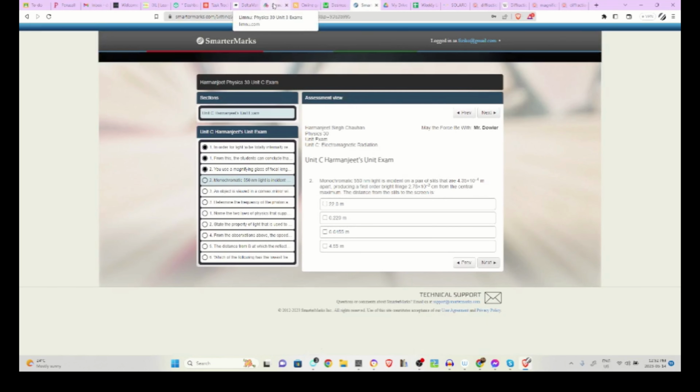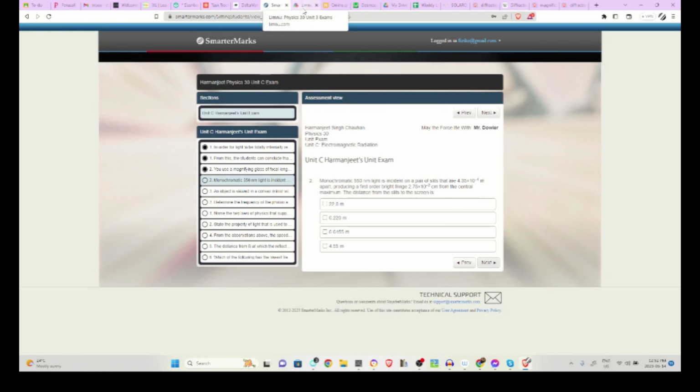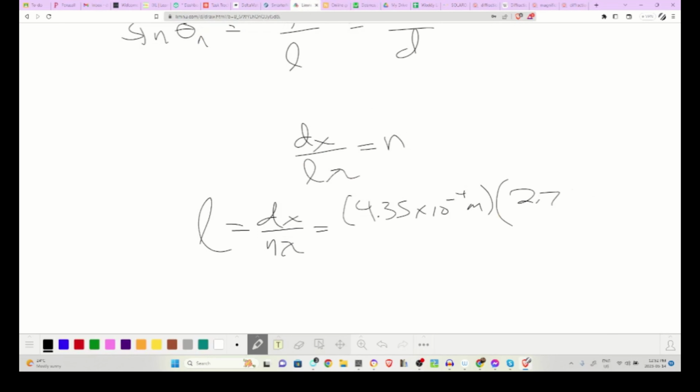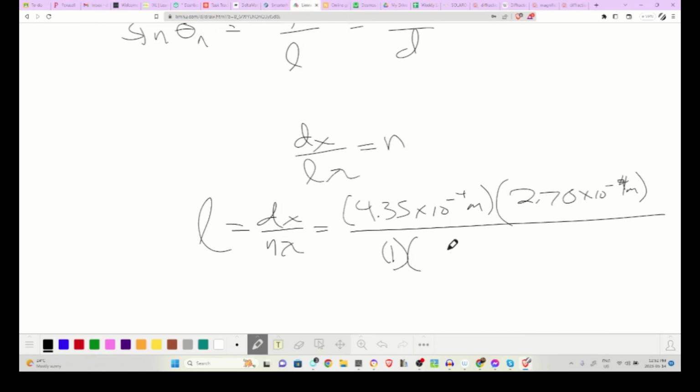d is the distance between the slits, 4.35 times 10 to the negative 4 meters apart. x, how far we are from that central fringe, is 2.78 times 10 to the negative 2 centimeters. It's the first bright fringe away from the central, and then here, 550 nanometers, so 550 times 10 to the negative 9 meters.